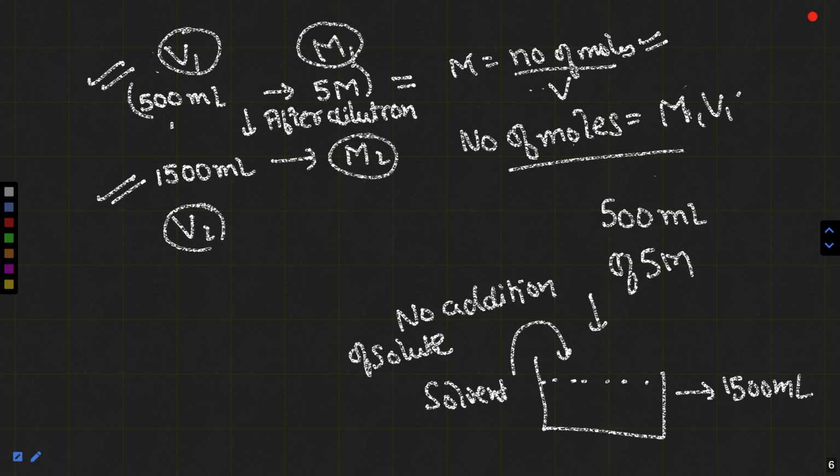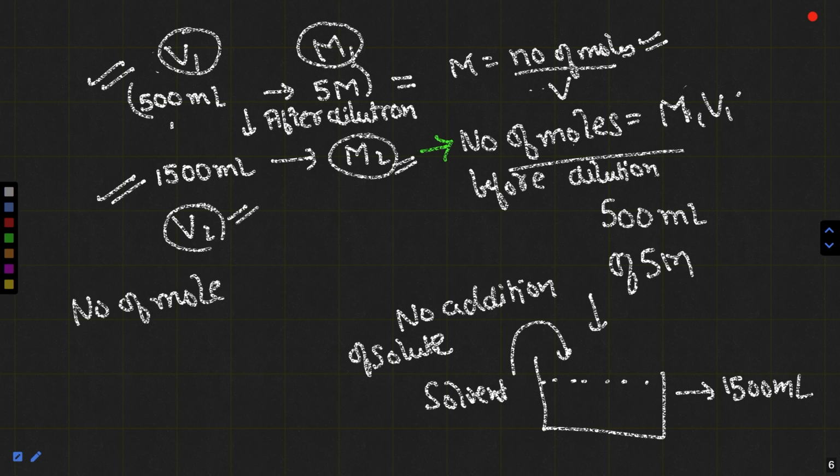Now if I ask you, if this is the number of moles before dilution, then what is the number of moles after dilution? If V2 and M2 are the volume and molarity, yes, very good.